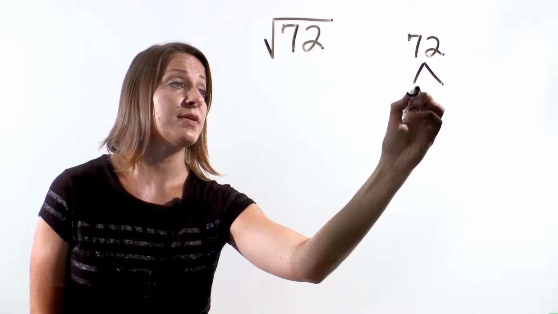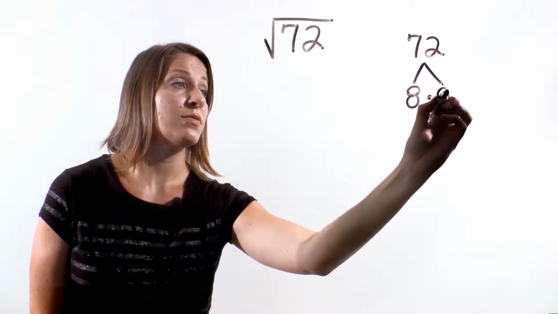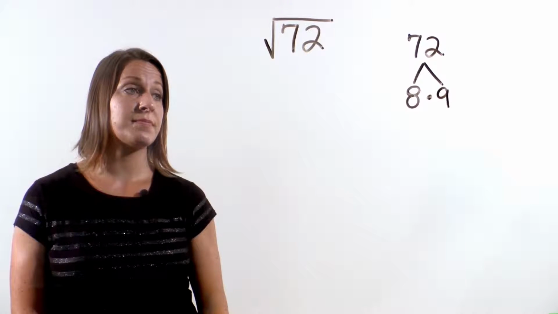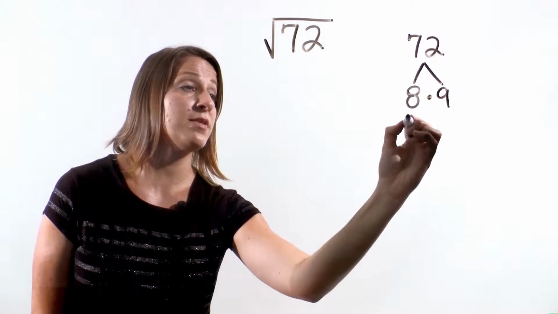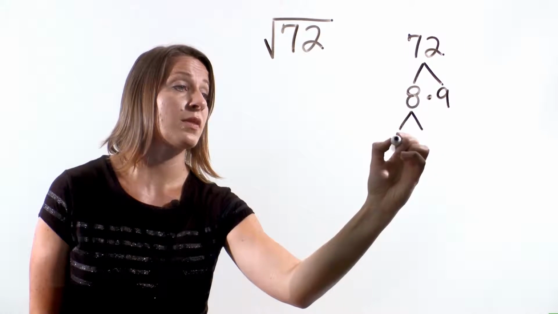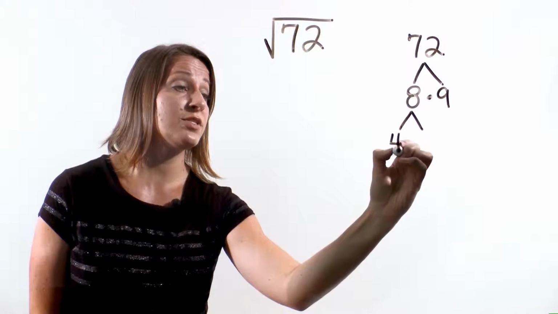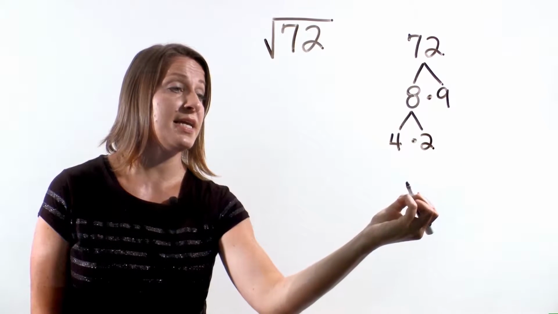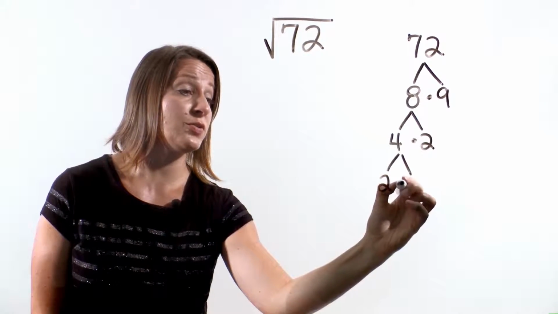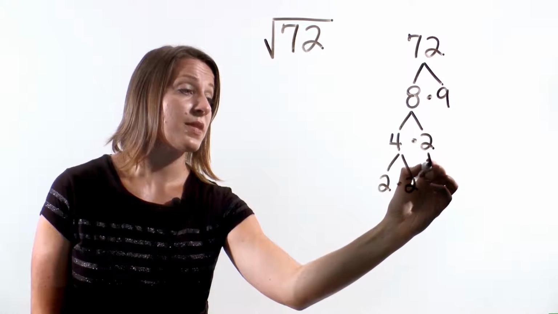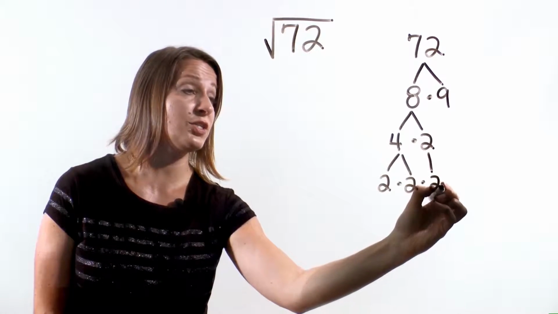Let's try. We'll do 8 times 9. Next, we're going to continue down to the bottom of the factor tree. 4 times 2 is 8. And then 2 times 2 is 4. And we're going to drop down this 2.